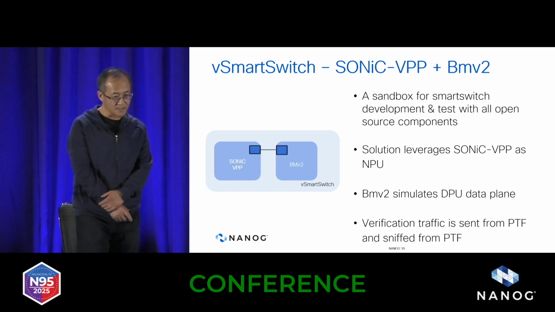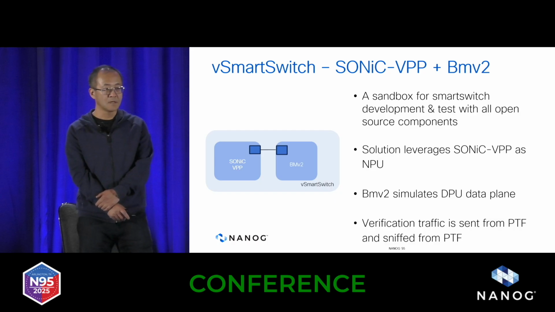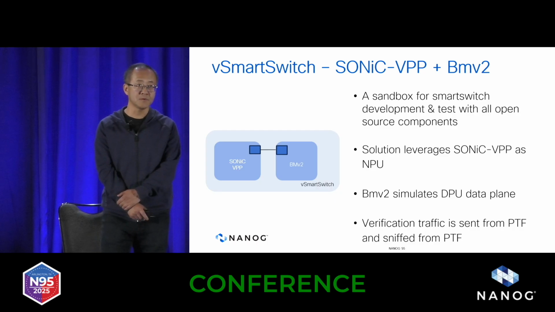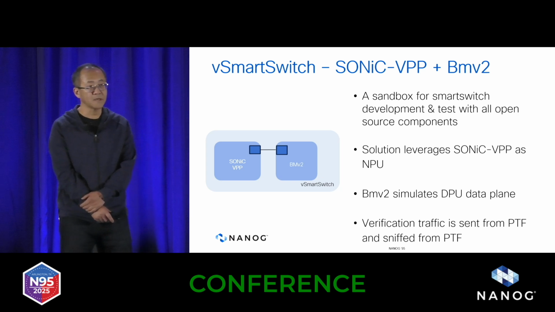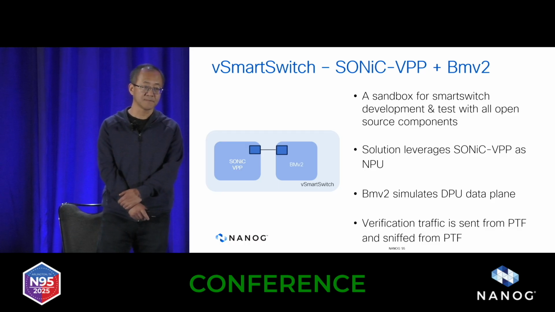And here's another example of using SONiC VPP in a topology. Last year at OCP, we gave a demo on the virtual smart switch. We built the virtual smart switch using SONiC VPP as the NPU and BMv2 to implement the DPU data plane. It's a sandbox for smart switch development and testing with all open source components.